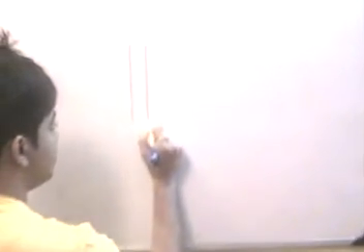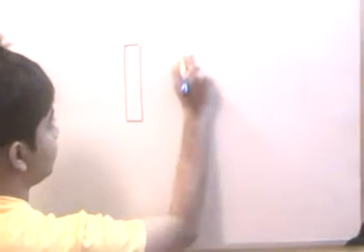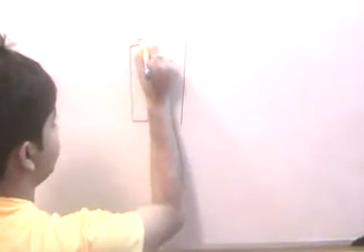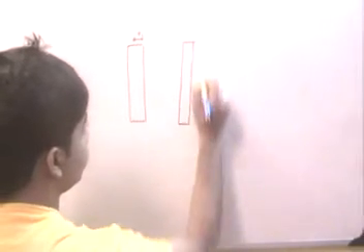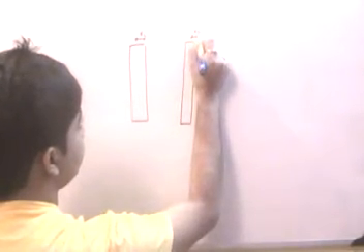Now to distinguish between short and long columns, we use a term called the slenderness ratio. Now what is the slenderness ratio all about? For example, let us take a column of length L and radius R1, and another column of the same length but radius R2.